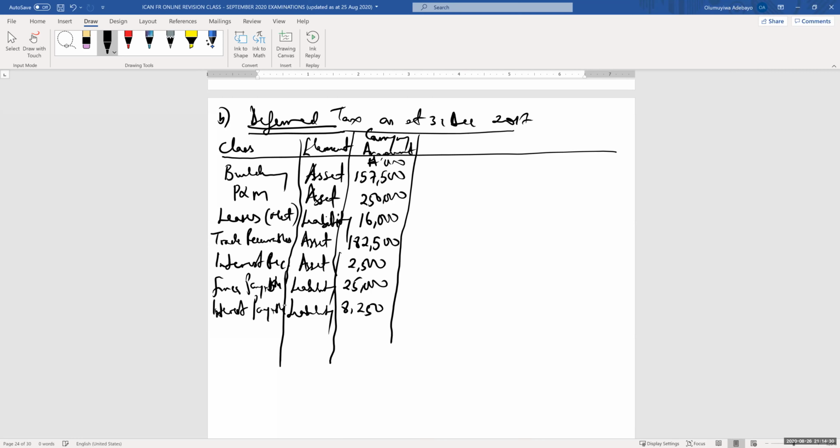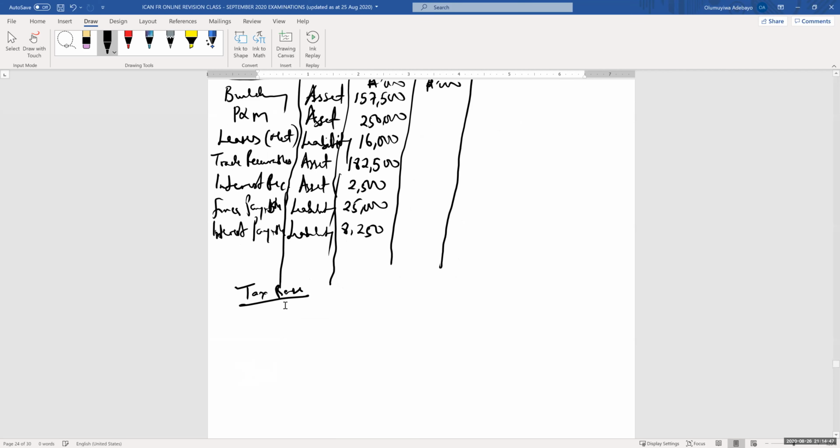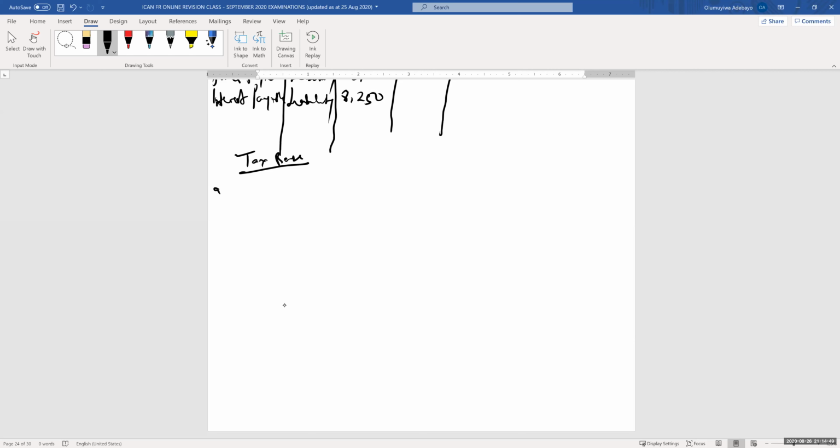Now let us compare it with the tax base. Now, what is the tax base of the building? Tax base of the building is simply the cost. What was the cost of the building?